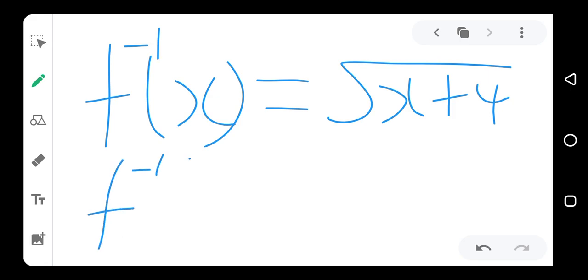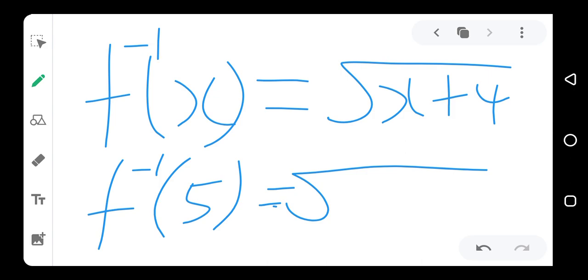Now f inverse of 5 is equal to... any place we see x in this expression, we replace it with 5. That is now the square root of 5 plus 4.